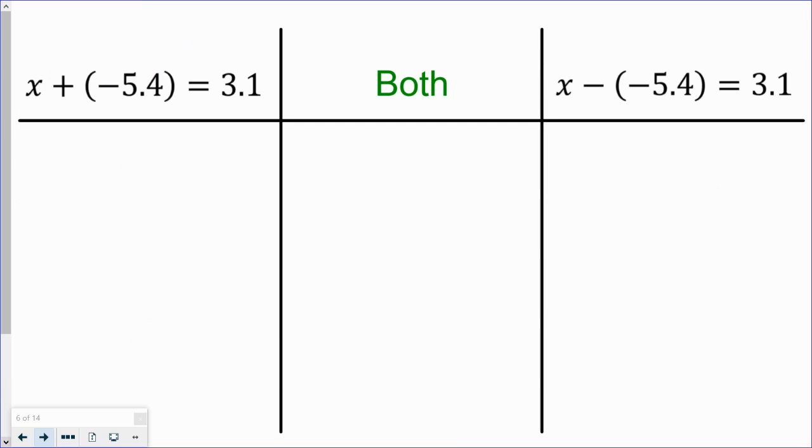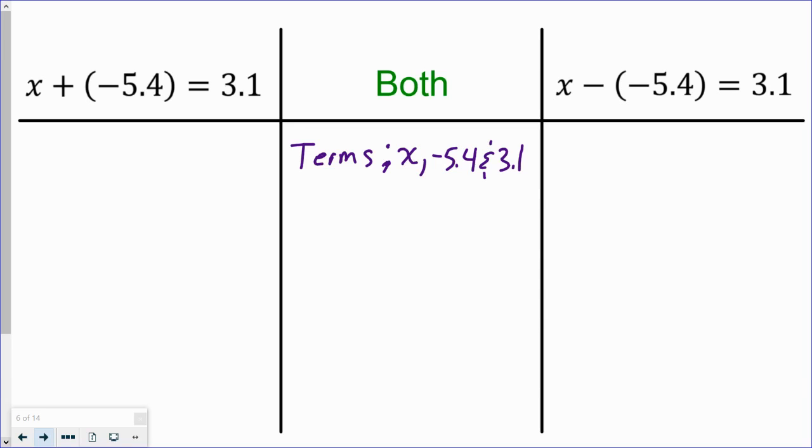All right, we have 2 compare and contrast problems to do. These are going to be a decimal problem and a fraction problem. So what do we have going on here? Well, they both have the same terms: an x, negative 5 4/10, and 3 1/10. That's the same.